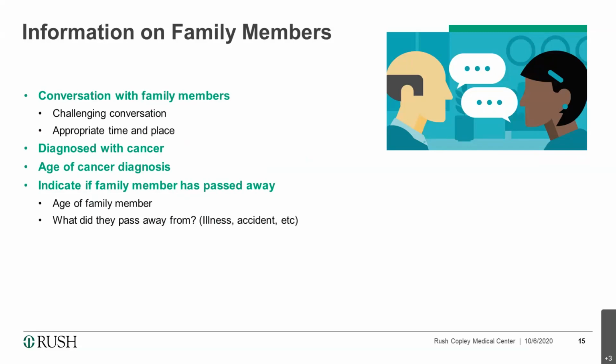With grandparents or great grandparents, a lot of this information wasn't shared, or they really didn't know what they passed away from. They just know they passed away on a certain date, they felt a certain way, they were complaining of certain pains, and then later on they passed. We might not have all of that information, but whatever we are able to gather, just write that down to share with your team or your provider.